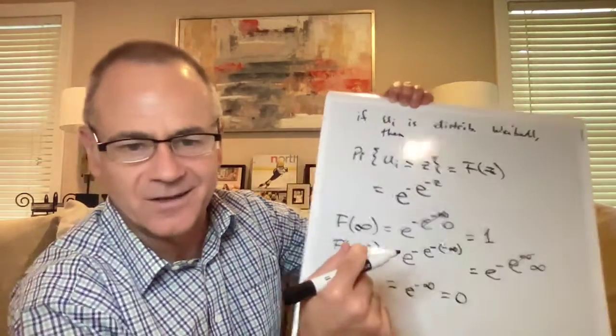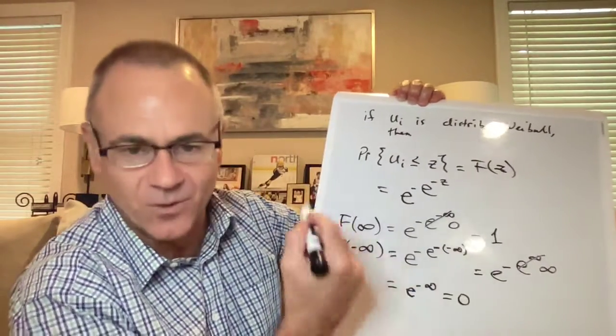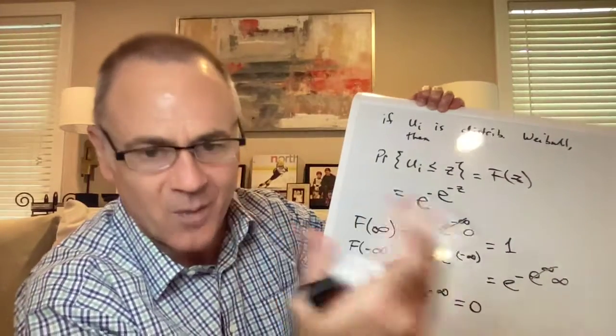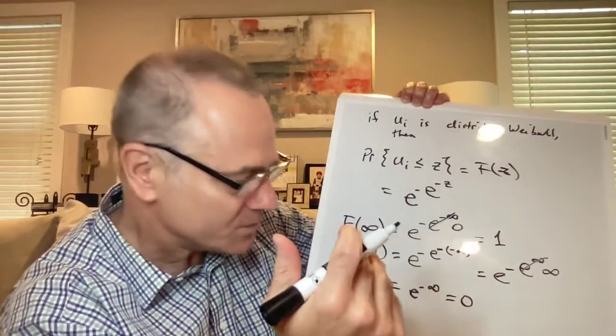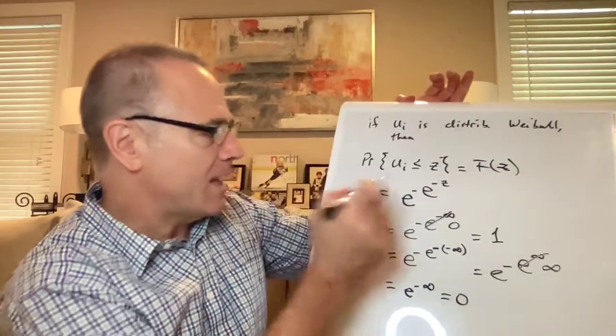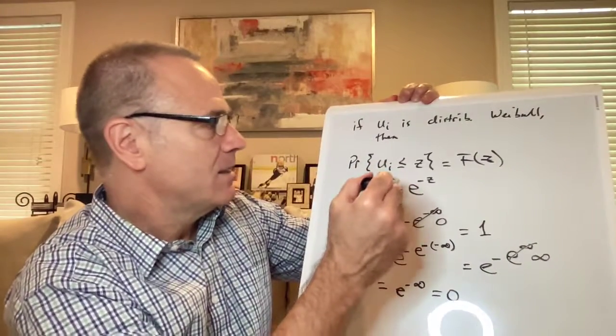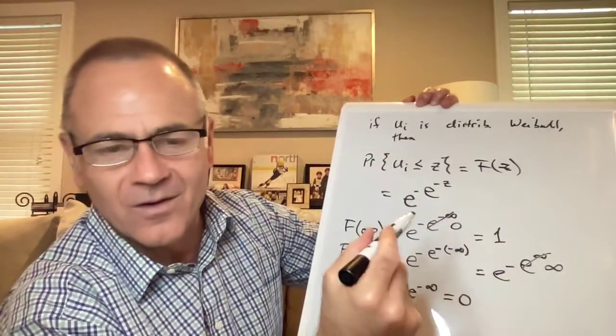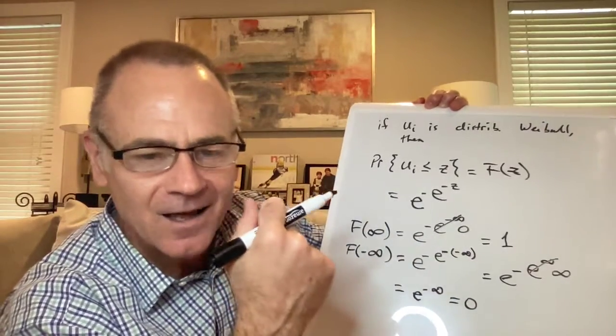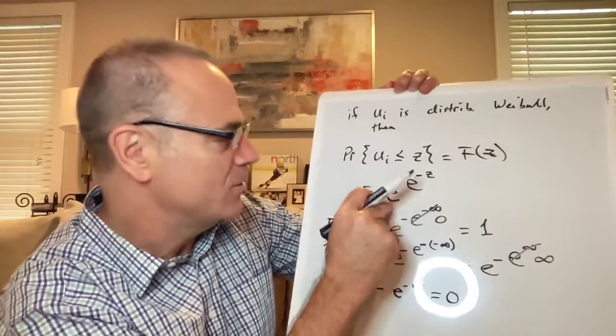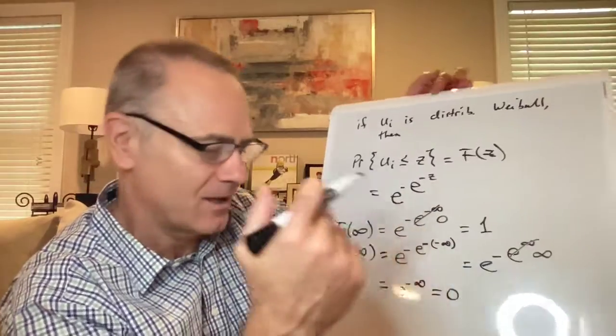So it works. At least it checks that these two values work, that it really is a proper CDF. So that is the CDF of the Weibull. I've actually asked that on a test before, so I do want you to know that.